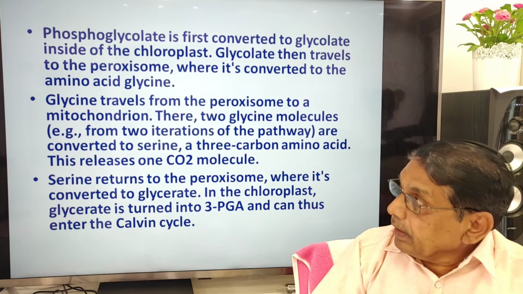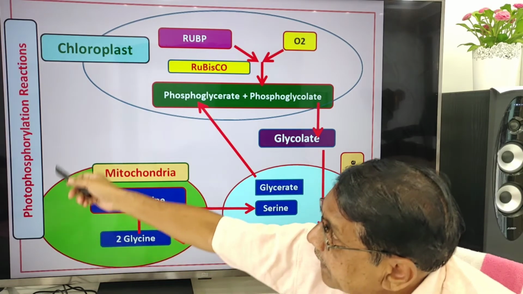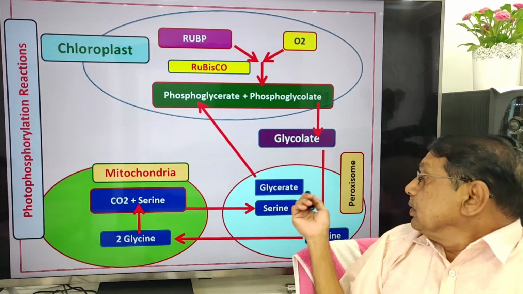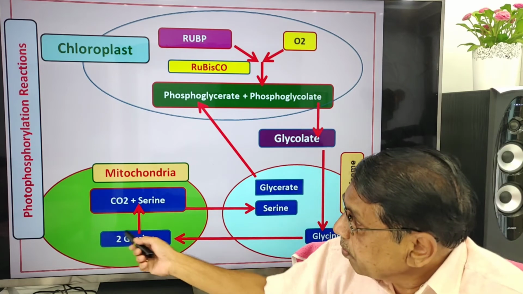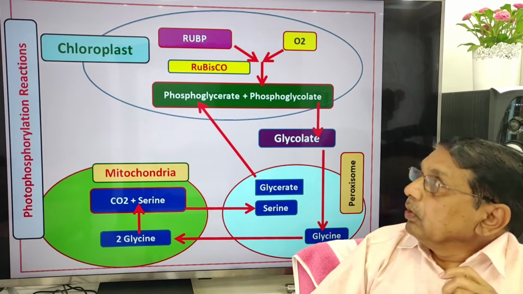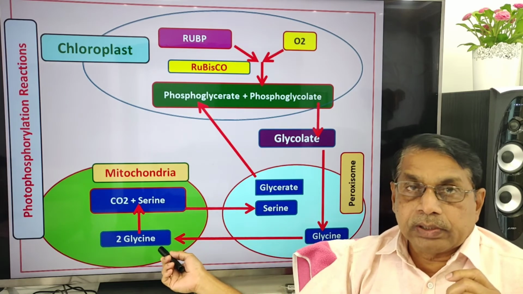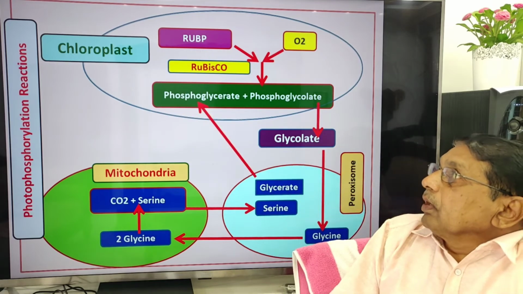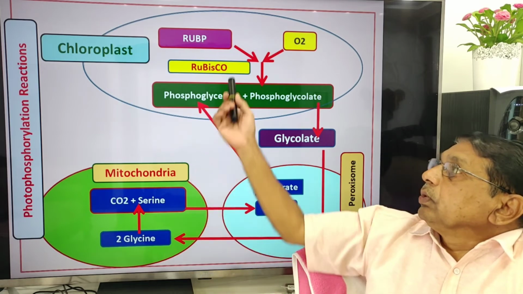The key factors are the relative concentrations of oxygen and carbon dioxide. Now let us see the photorespiration reactions. This is the chloroplast, this is the peroxisome, and this is the mitochondria: three cell organelles. The initial reactions take place in the chloroplast. Now RuBP, ribulose bisphosphate, and Rubisco.